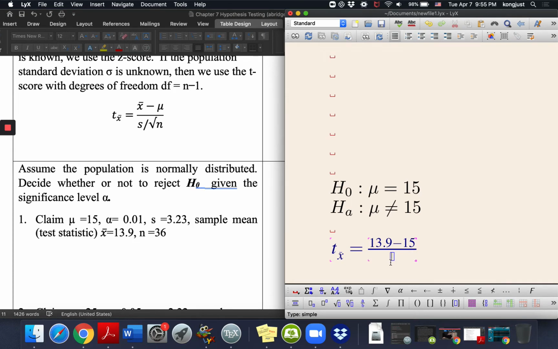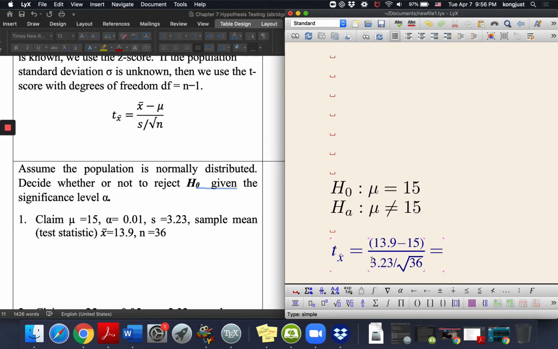And then the bottom is S, so 3.23 divided by the square root of n, which is the square root of 36. I'm going to take a moment to plug this into my calculator. Remember, keep the numerator in its own set of parentheses, or else press enter once before you finish the calculation.